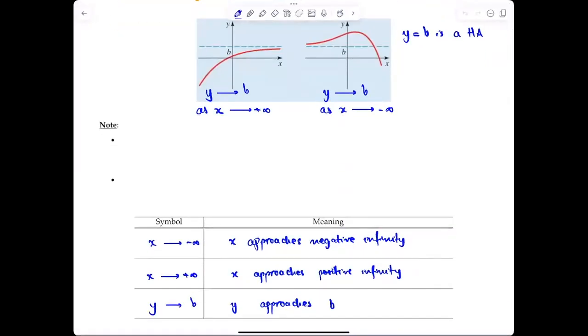So the first note: the graph of f cannot cross or touch a vertical asymptote.